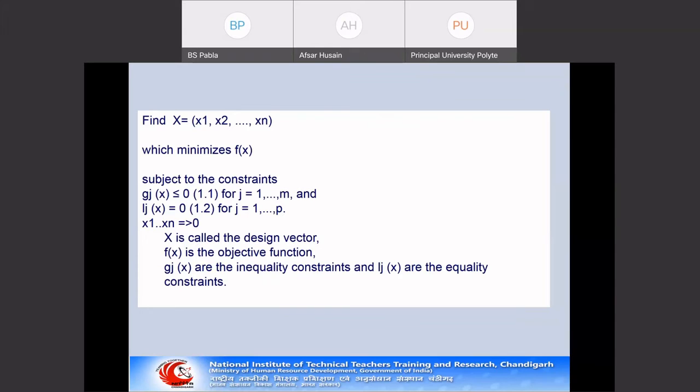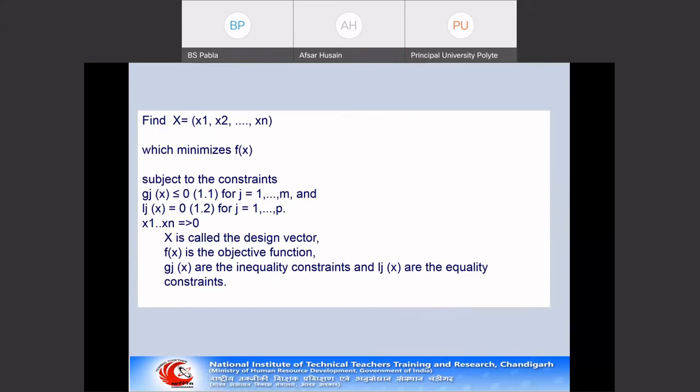Then again it says x1 to xn is equal to or greater than 0. That means when I said gj, I can say x is less than 5. No, x is not less than 0. It can be between 0 and 5. But at the same time, it says x1 to xn are more than or equal to 0.